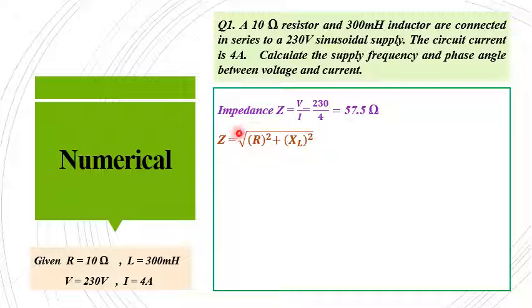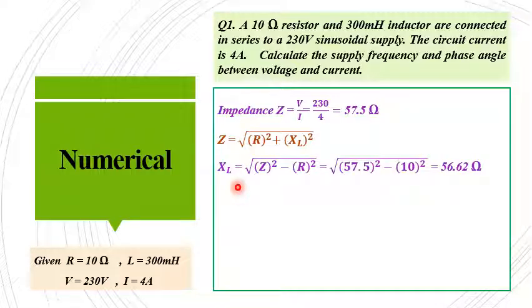We know that for an RL circuit, impedance Z is also equal to root of R square plus XL square. So from that we can find the inductive reactance XL is equal to root of Z square minus R square. Okay, so substituting we will get the value for XL.